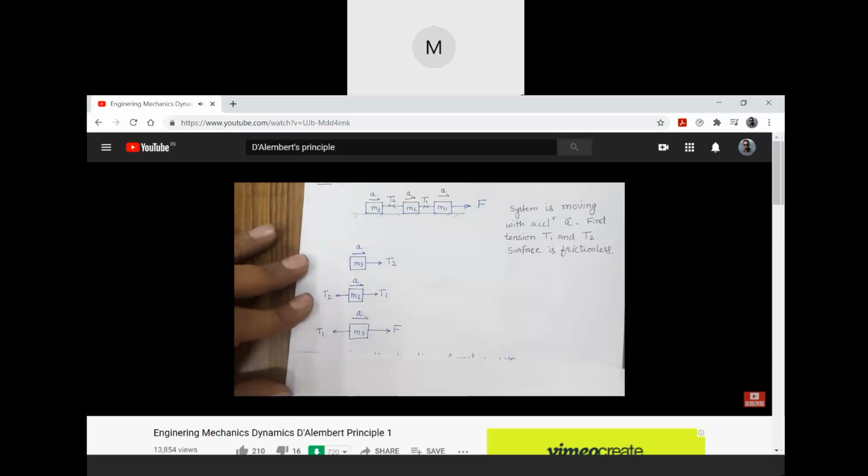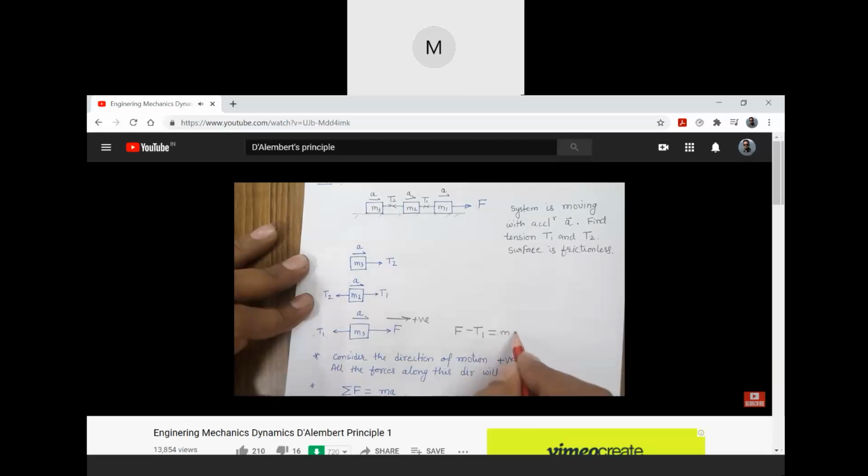So let's consider one convention: the direction of motion will be positive. That means we will consider all the forces acting in the direction of motion as positive, and then we will write the equation. For example, I want to write the equation for the third mass. As the mass is moving in this direction, this will be my positive direction, so F will be positive, T1 will be negative, and these two will be equal to mass into acceleration.